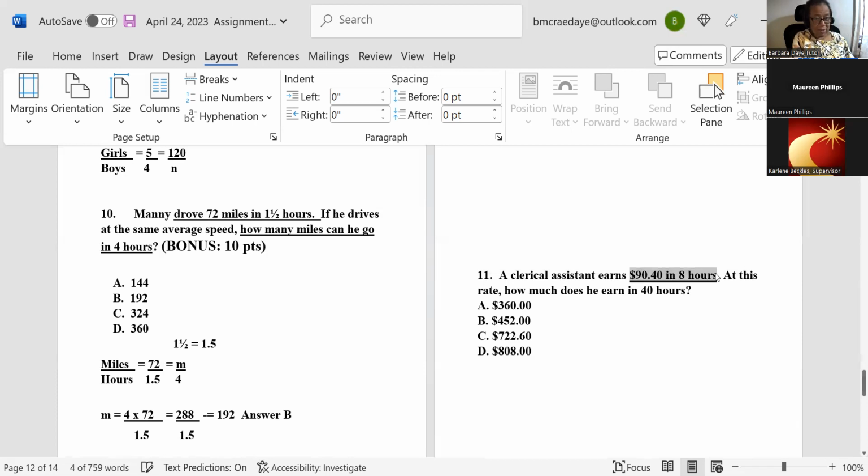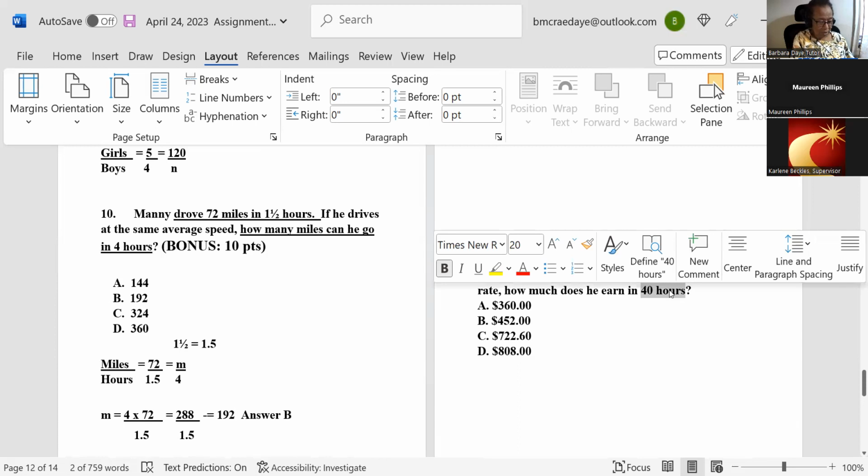You get the answer without ratio and proportion, because it asks how much he earns in 40 hours. 40 hours is 5 times 8, so he's going to earn 5 times as much, right? So 5 times $90.40 will give you the answer.